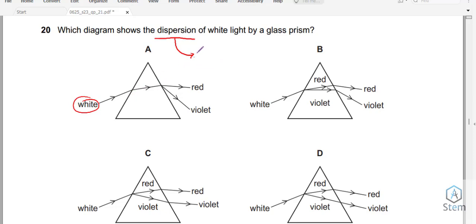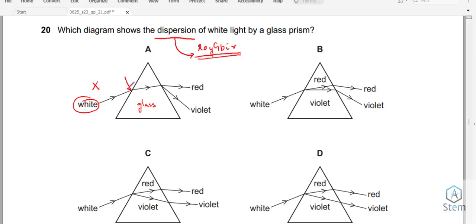So white light is typically separated into red, orange, yellow, green, blue, indigo, and violet wavelengths or colors.